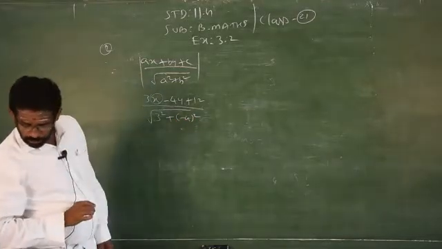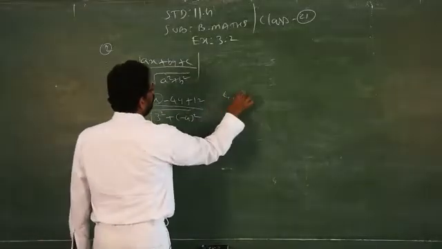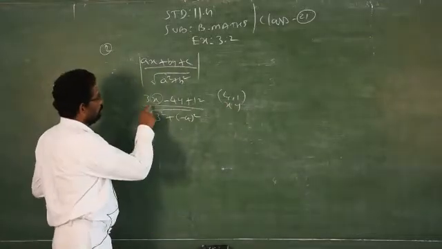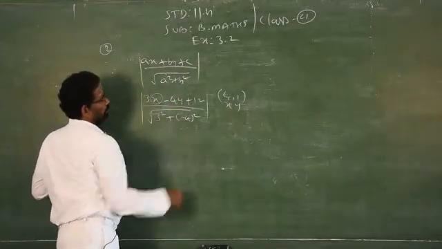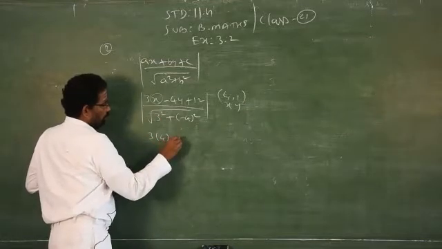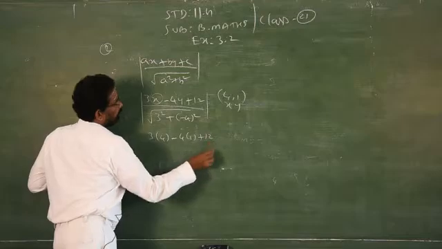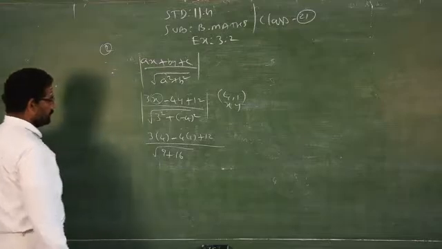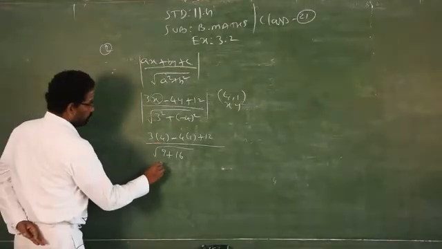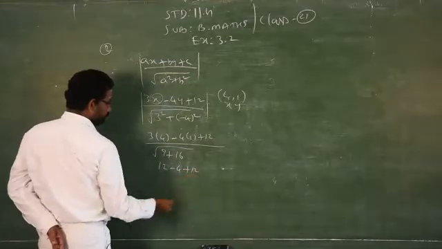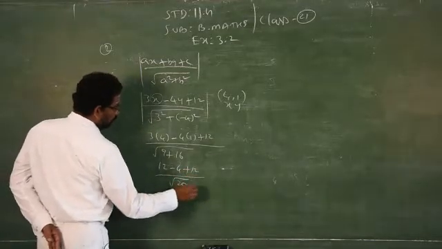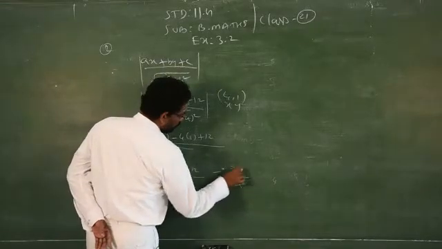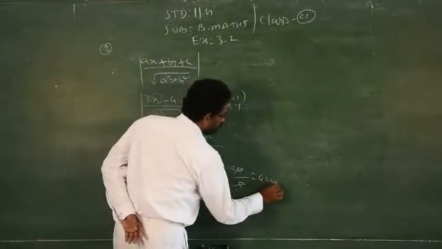The distance is asked from the point (4, 1), so replace x, y by 4 and 1 in the general formula: 3 of 4 minus 4 of 1 plus 12 by 3 square is 9, plus minus 4 square is 16. So 3 fours are 12, minus 4, plus 12, by square root of 25, which gives 20 by 5. Cancel, and you get 4 units.